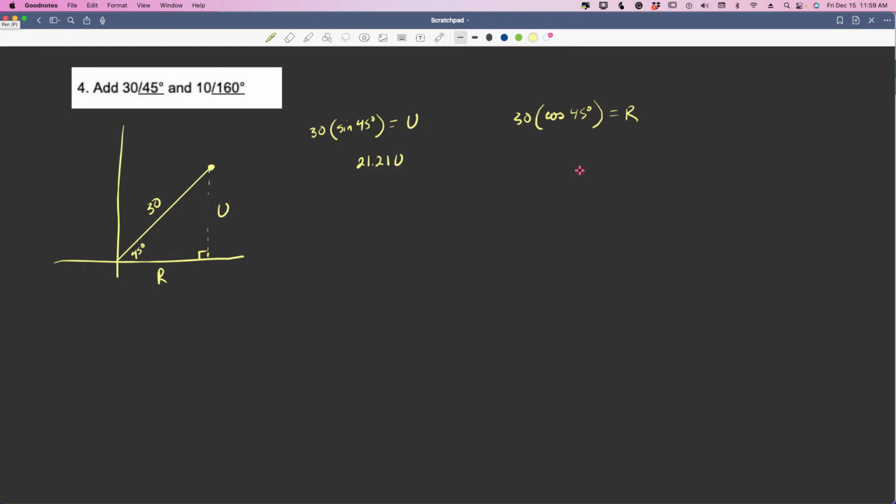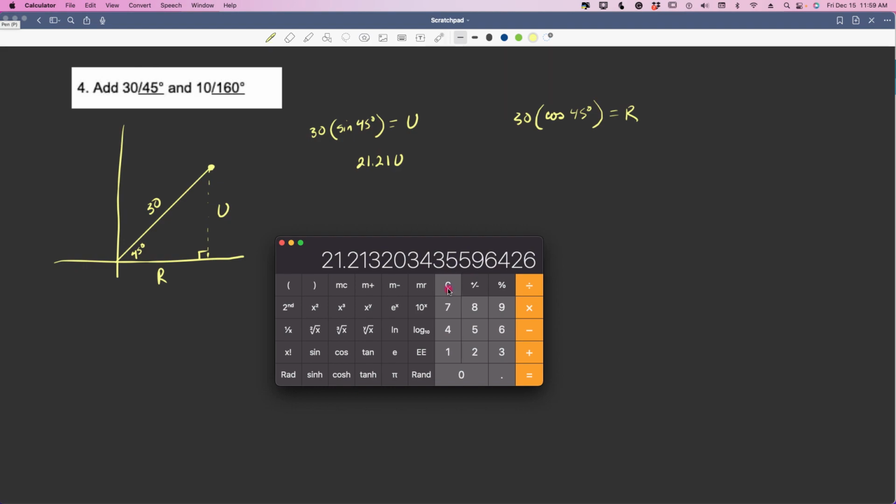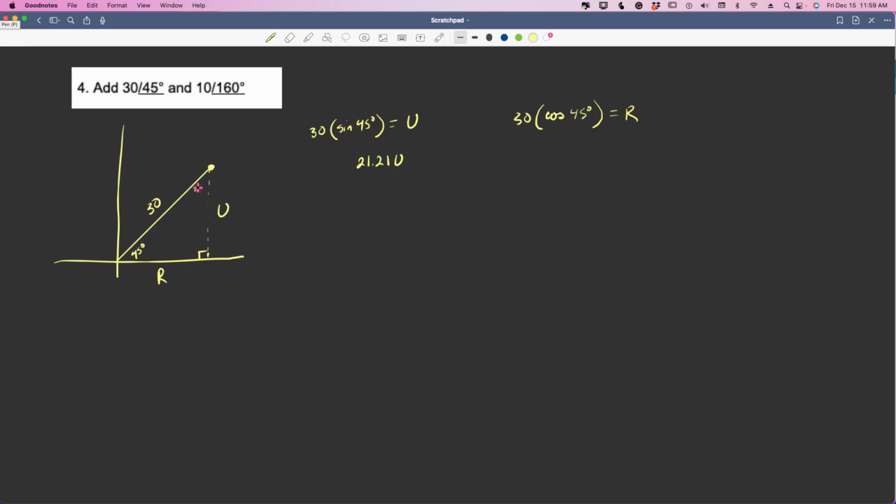And then we have the cosine. So 45 cosine times 30 is 21.21, because a 45 degree angle means that this right triangle here, this is also 45 degrees, which means that it has an equal distant leg here and here.